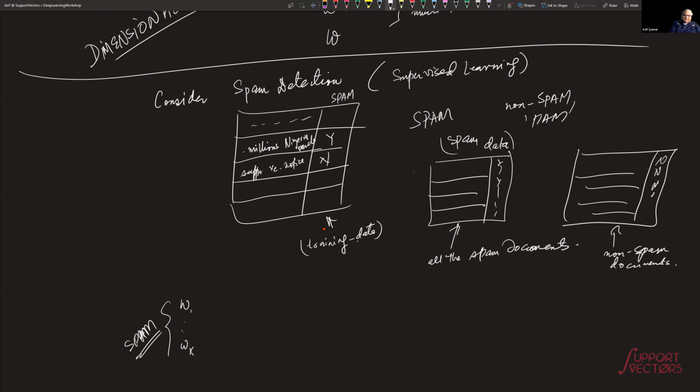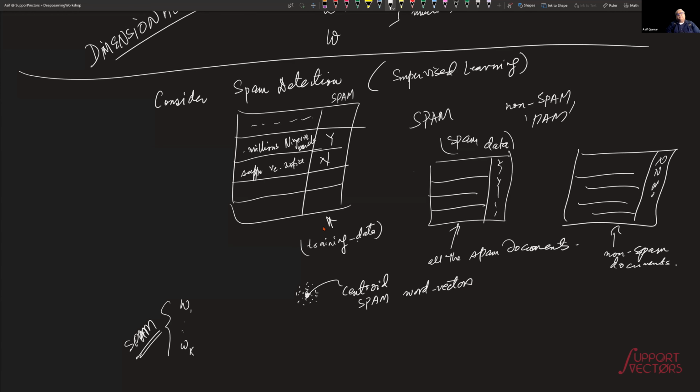And in the word vector space, they'll fall somewhere. You just find the average of all of these vectors. What will it give you? It will give you the centroid of spam word vectors.